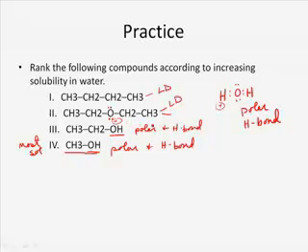And so the fact that we've got this oxygen here that's similar to our oxygen on our water is going to make this one, the ether, a little more soluble than the butane would be, because it's just nonpolar.